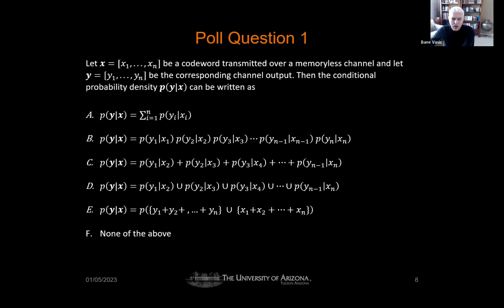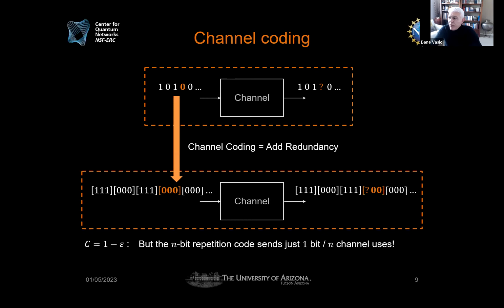So now, of course, we have this channel. We are transmitting a binary sequence and receiving some potentially incorrect sequence. And the question is, what do we do? How do we protect information?